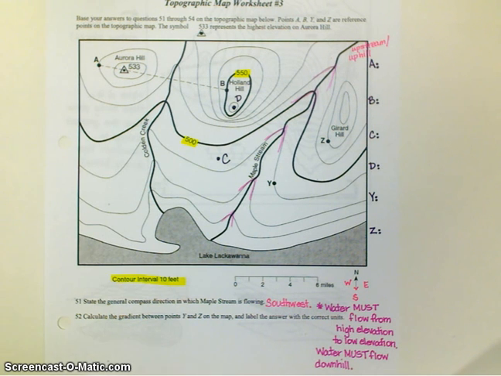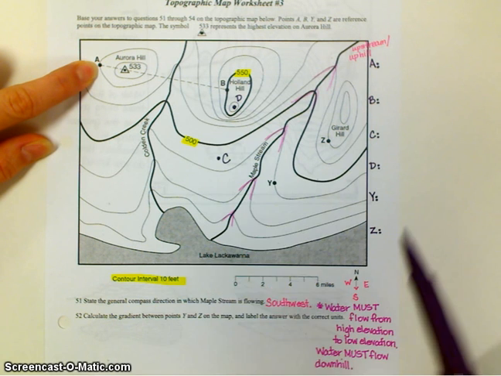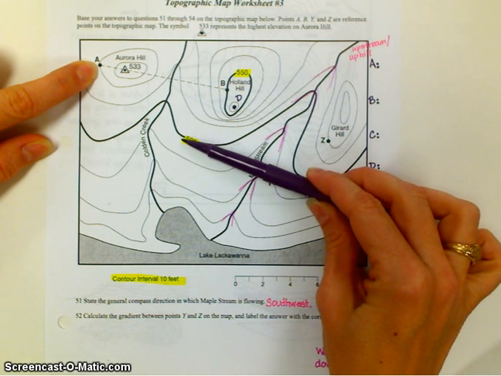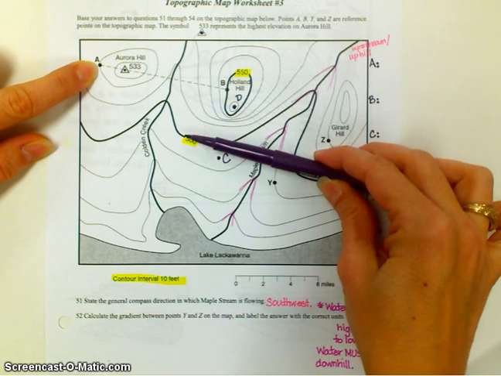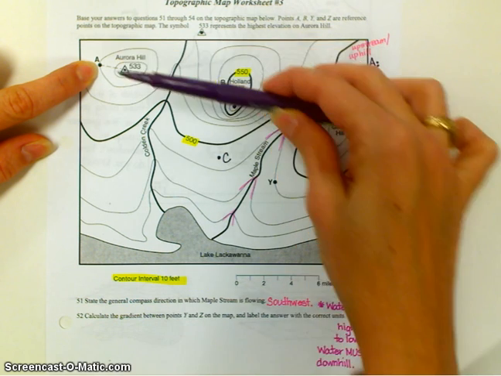But let's start with A. A is right here, and A is sitting on a contour line, so I can give an exact elevation for A. I'm probably going to need to use my index contour lines to start from. I know that going this way, because this is a hill, is going to be uphill.